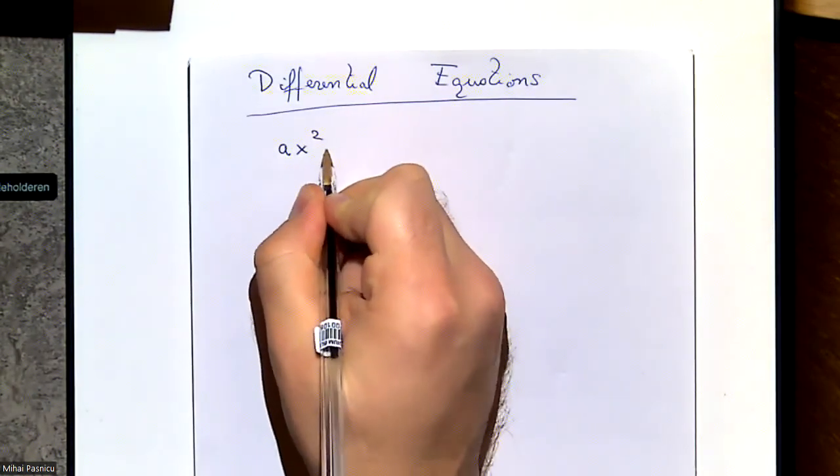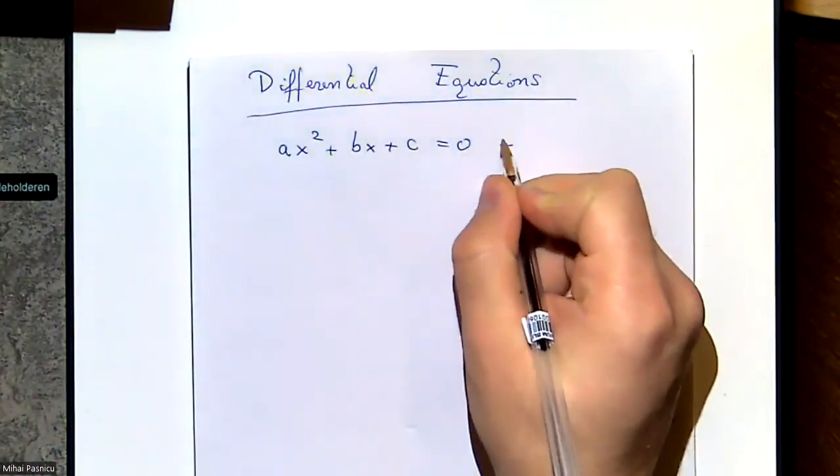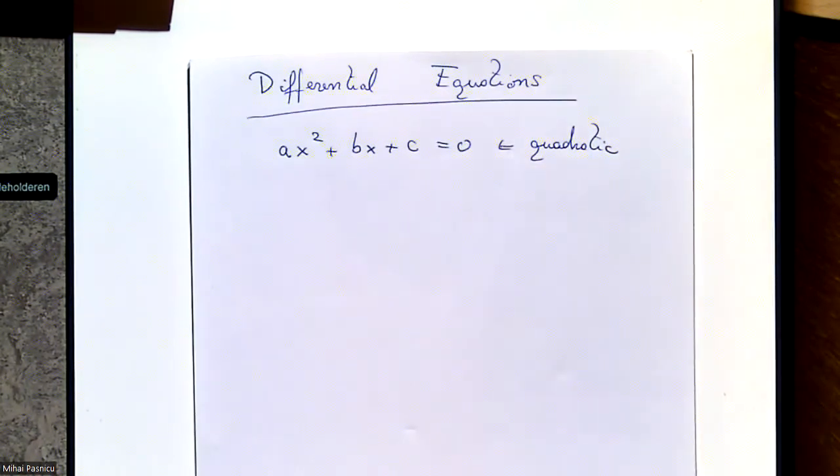This x squared plus bx plus c is your quadratic. Everyone has worked with it and is hopefully comfortable with it. The quadratic equation, or the ABC rule, I don't know what names you have for it, I call it quadratic.